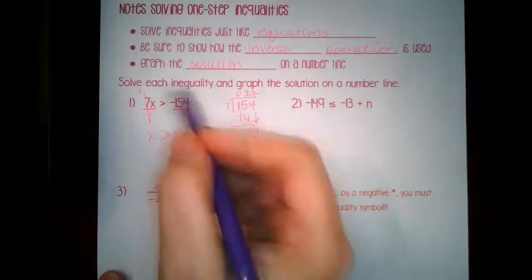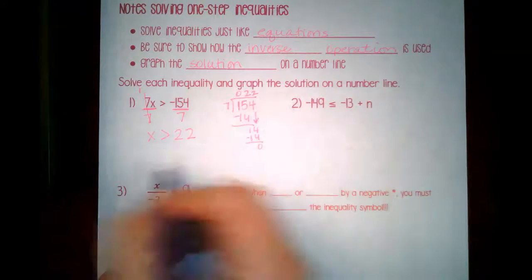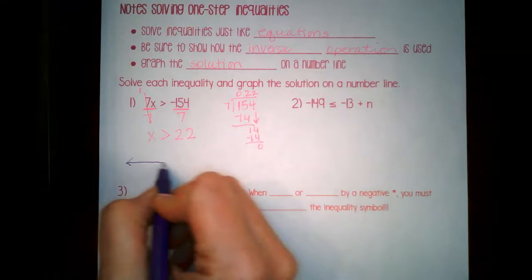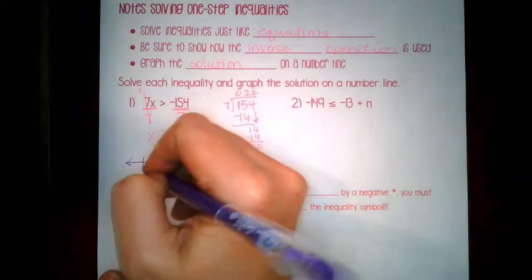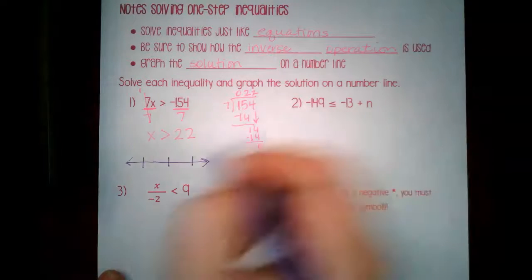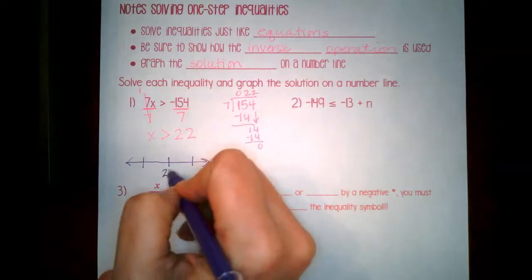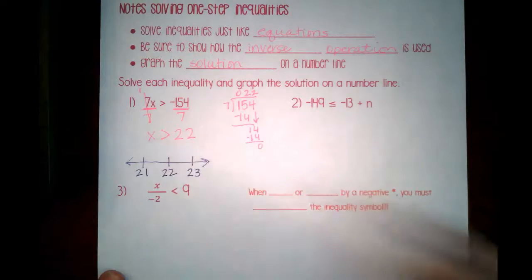Now we're going to graph, because the direction said to solve, we did that, and graph on a number line. Remember that your number line should have arrows on the end. 3 numbers on your number line at least. The solution goes in the middle, and then you fill in the other 2 numbers.